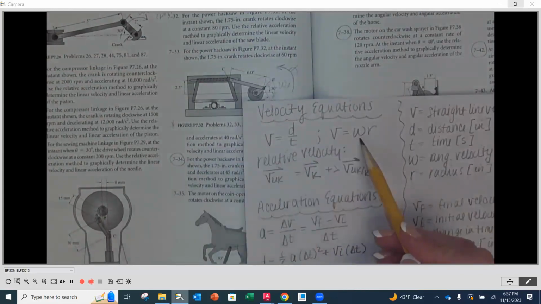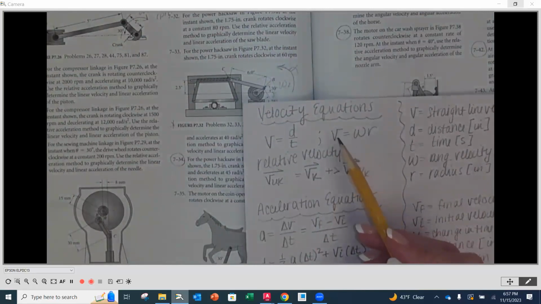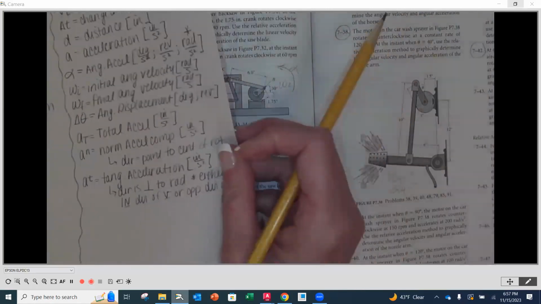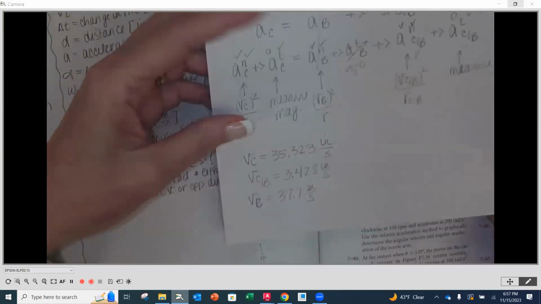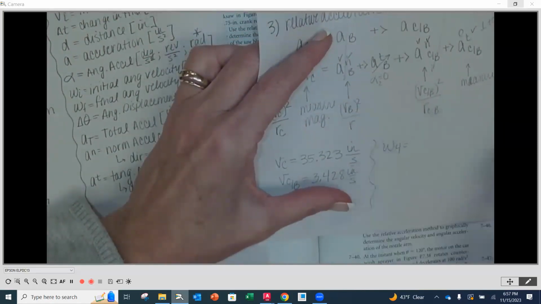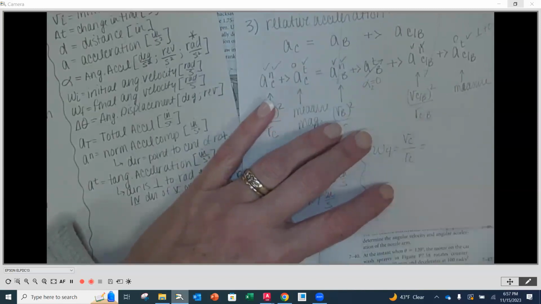Our angular velocity is going to be equal to the straight line velocity divided by the radius. Our straight line velocity here would be VC, and the radius is going to be the length of that link. So W4 is going to be equal to VC divided by radius C.